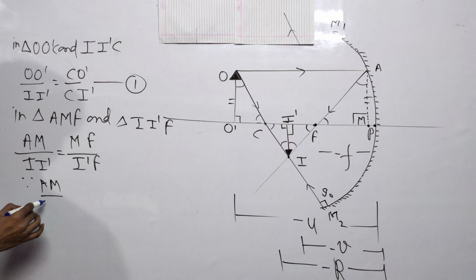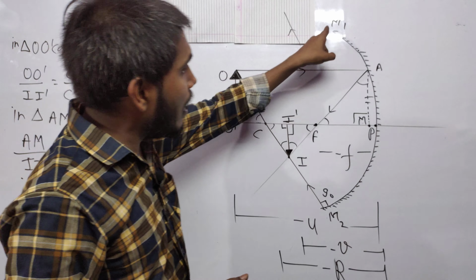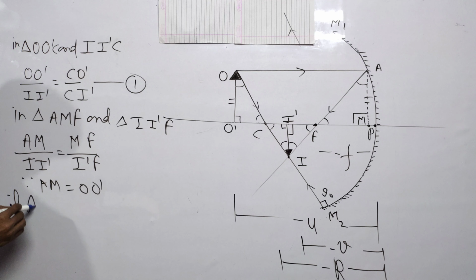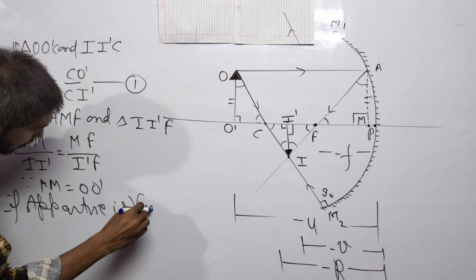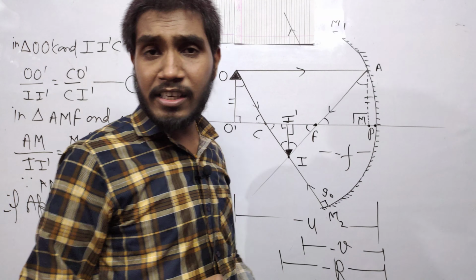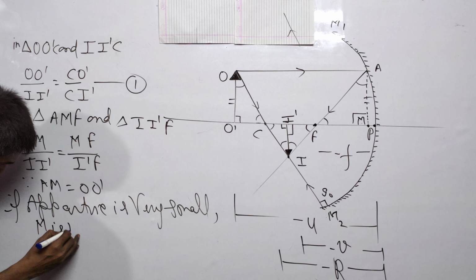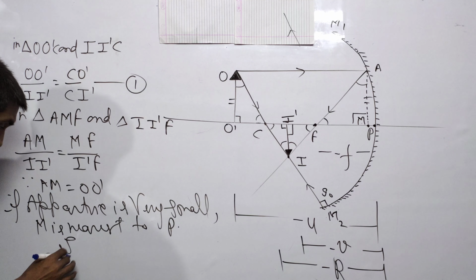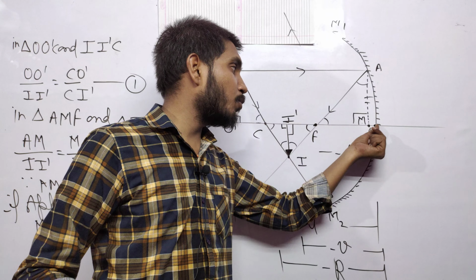And now if the aperture is very small, then P is nearest to M. M is nearest to P. So we can write MF is equal to PF.